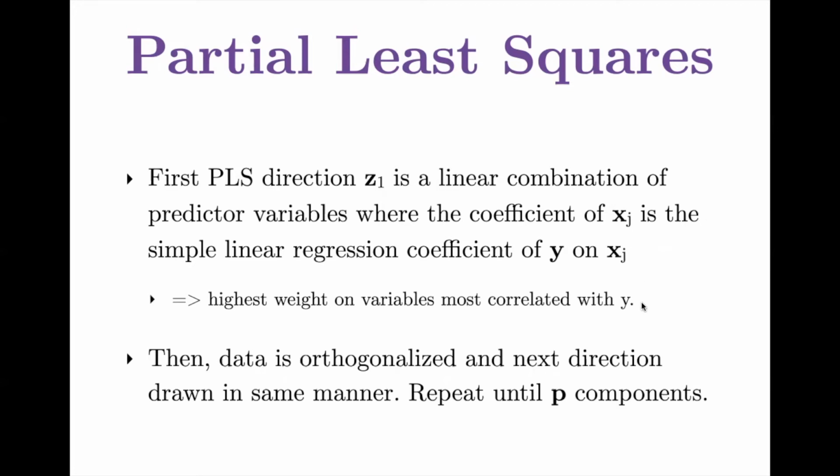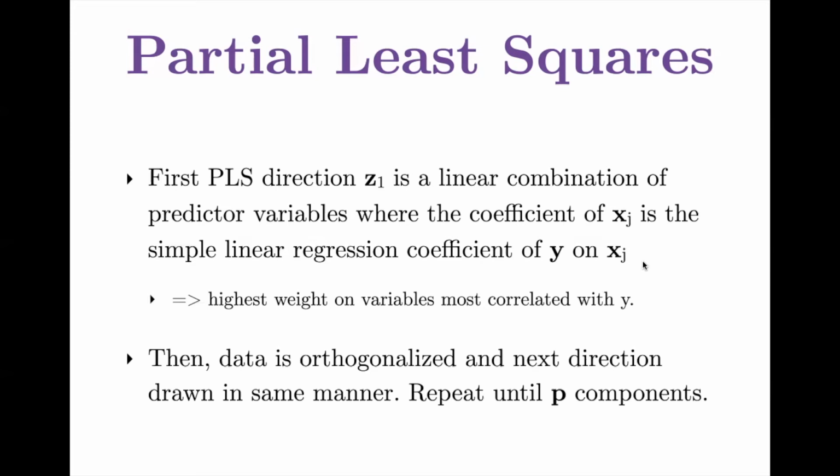So this means that the highest weight is given to variables that are most correlated with y. I should add, of course, that this is all on standardized data, so having a larger regression coefficient necessarily means it's more correlated with y.